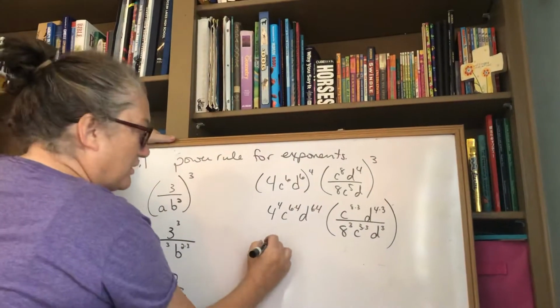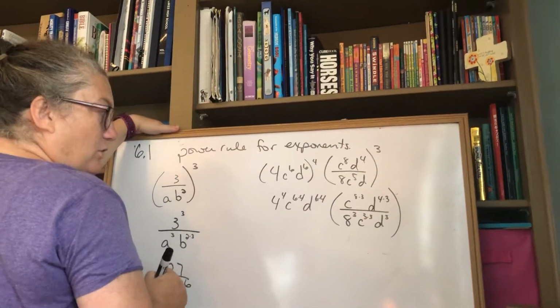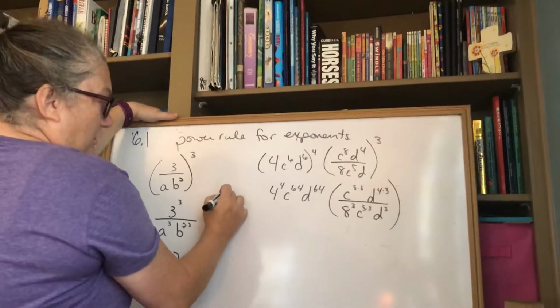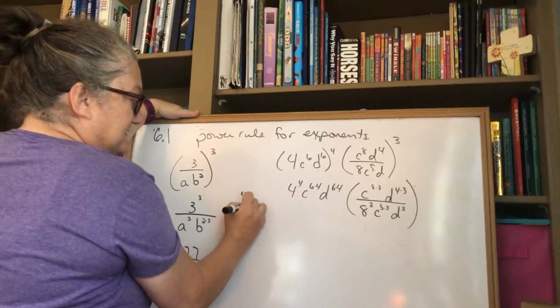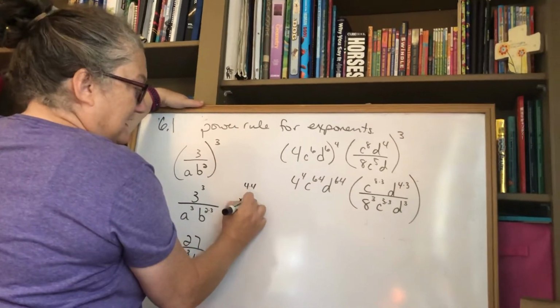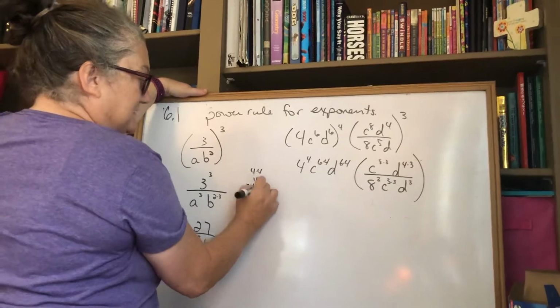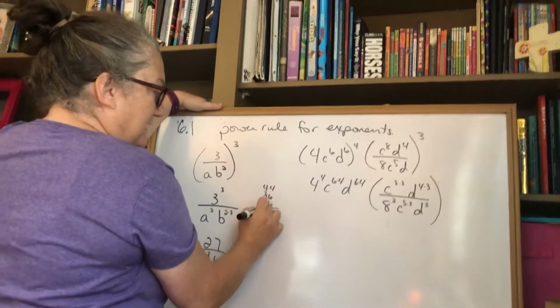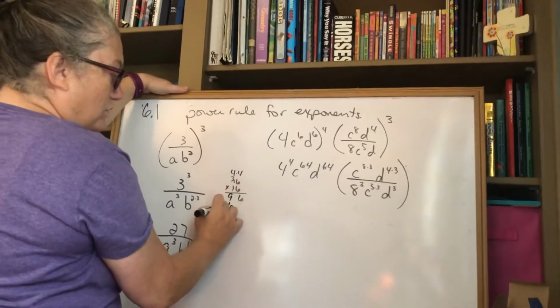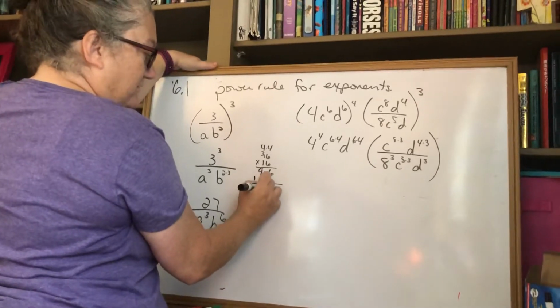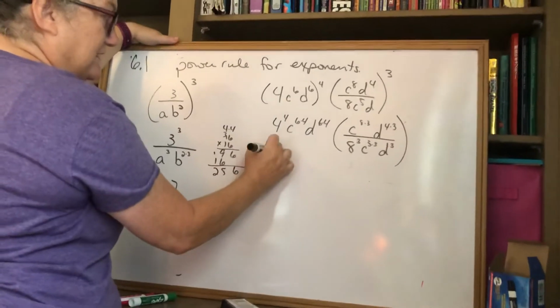Let's clean it up a little bit more. 4 to the 4th is 4 times 4 is 16. So 16 times 16 is 256.